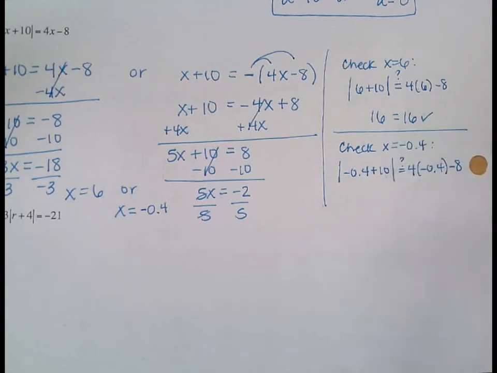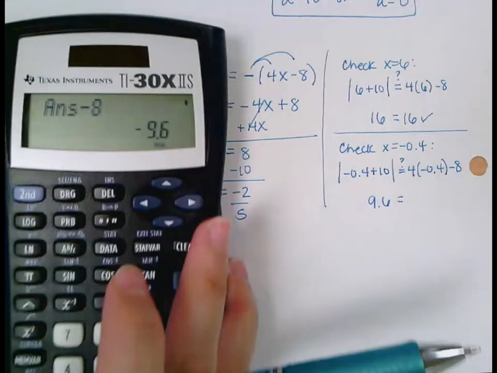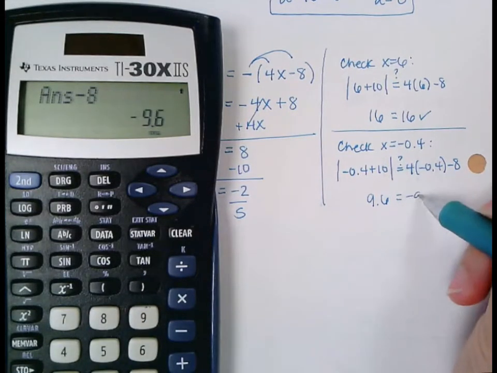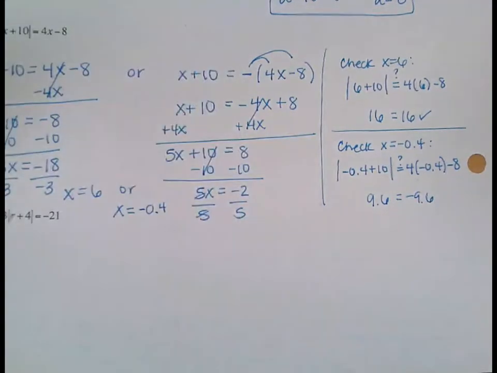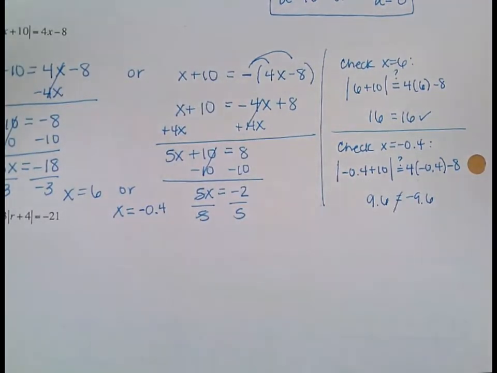Absolute value is still positive 9.6. And then 4 times negative 0.4 is negative 1.6, and then if I subtract 8, that's negative 9.6. Okay, and 9.6 and negative 9.6 are not equal.